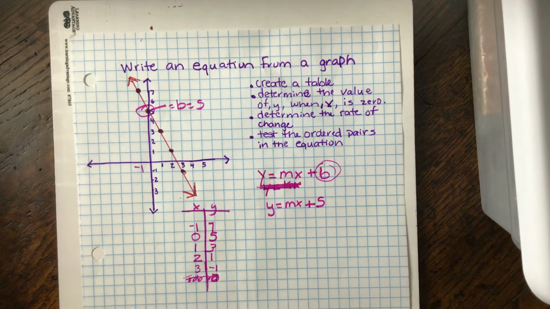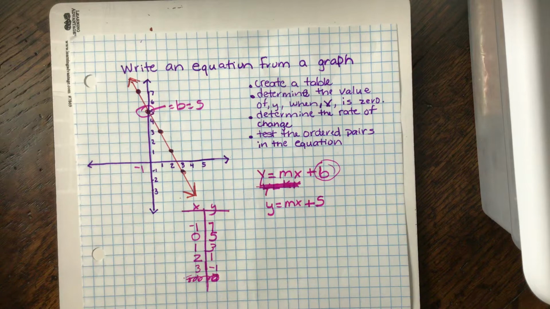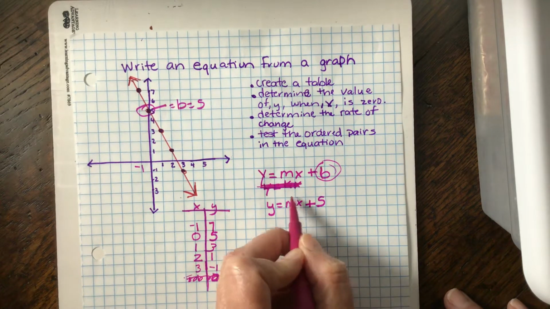Now we need to find the rate of change. If you want to go back to our notes when we're done with this, some of you may have overlooked the notes.